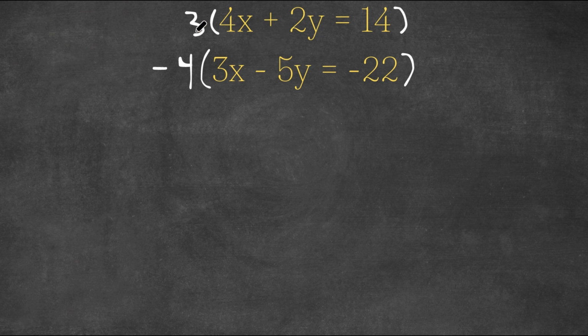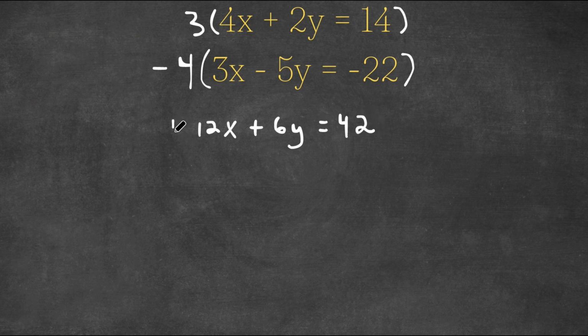So now all we have to do is simply multiply and solve. 3 times 4x is 12x. 3 times 2y is 6y. And now this is equal to 3 times 14, which is 42.